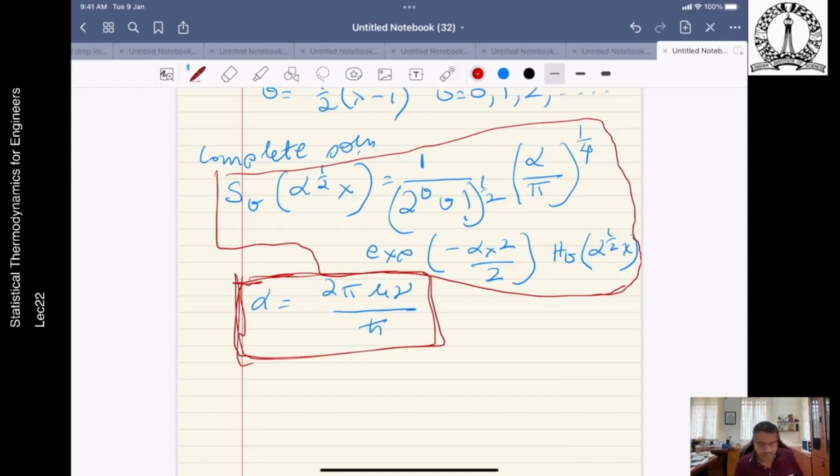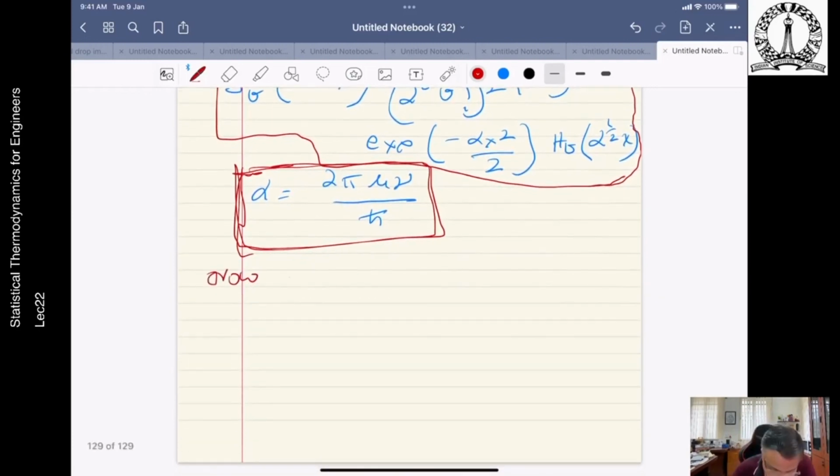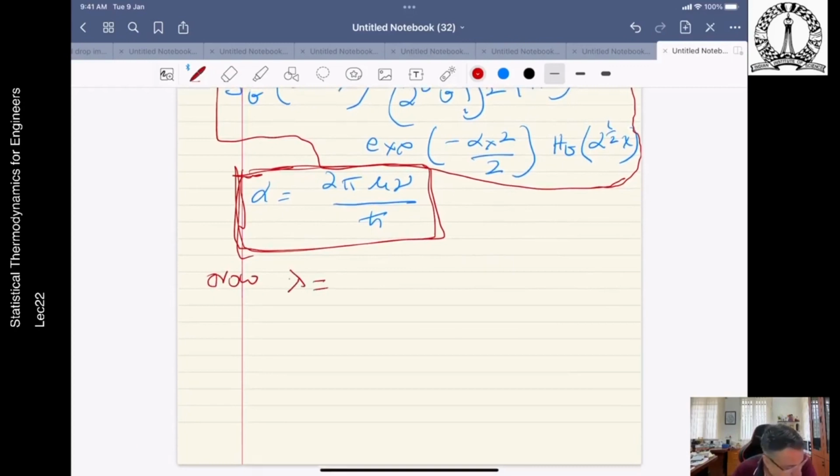So you get the point now. Your lambda is 2 vibrational level divided by h nu.